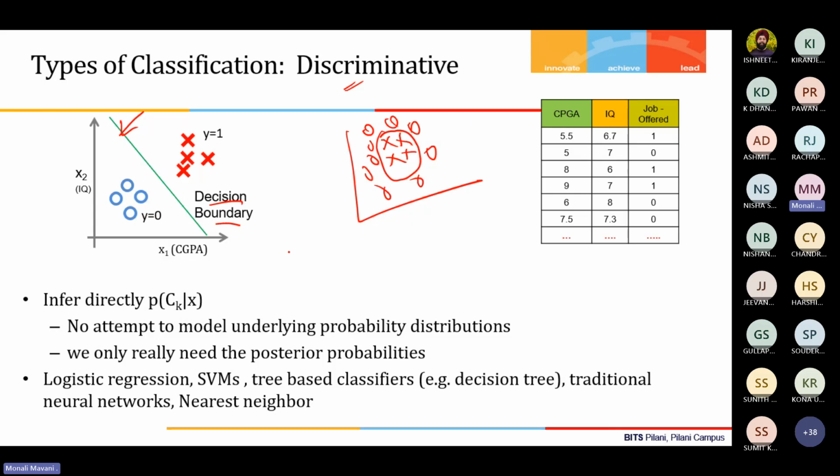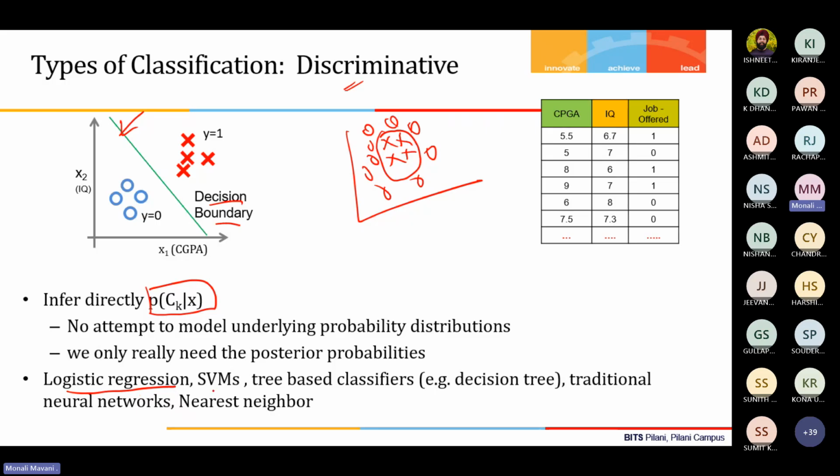A very specific case of a discriminative algorithm is logistic regression, where we get output in terms of the posterior probability. But we are not calculating any likelihood or prior and applying Bayes rule. No, we are not doing that, but we are getting output in terms of a posterior probability. That's what happens in logistic regression, and that's what I'll discuss today once I complete this theory.